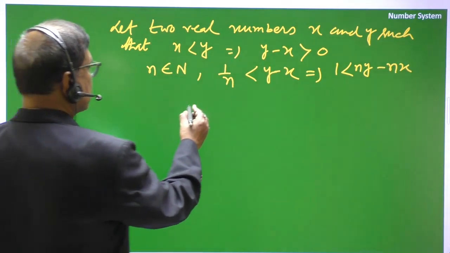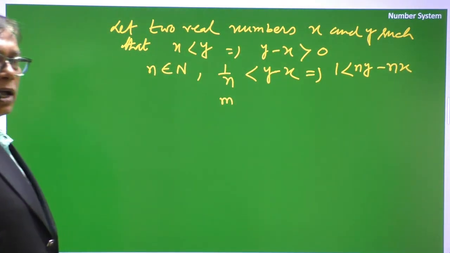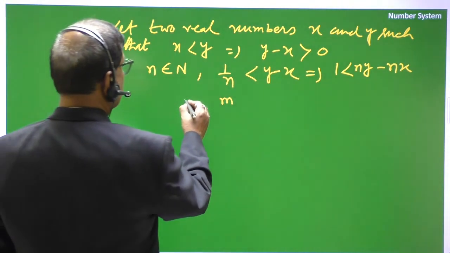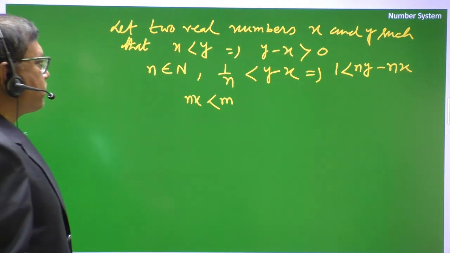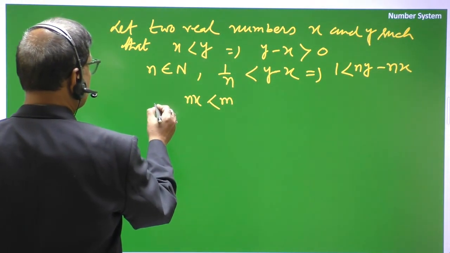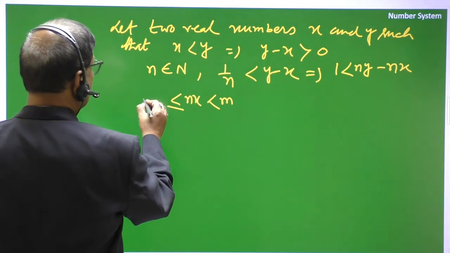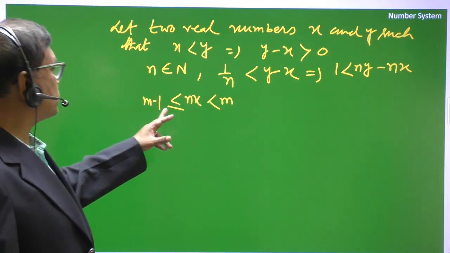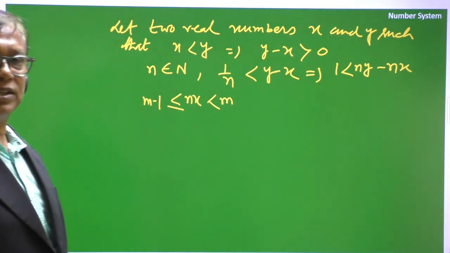So if I consider that integer m, and that is the least or lowest integer, then nx will be less than m. Yes or no? And when nx is less than m, then nx is greater than or equal to m minus 1. Yes or no? So m minus 1 is less than or equal to nx, which is less than m, where m is the lowest integer.